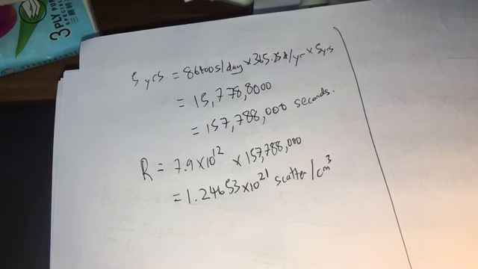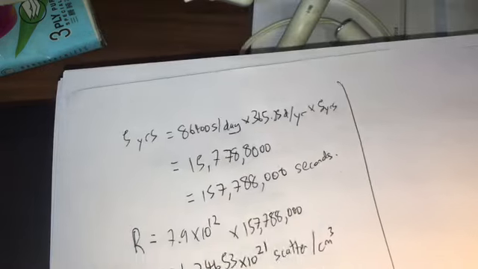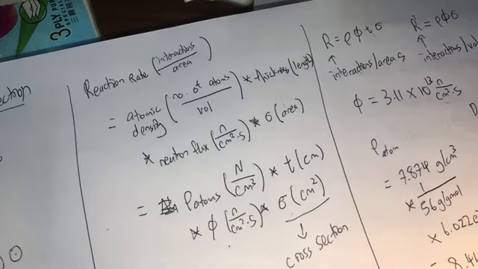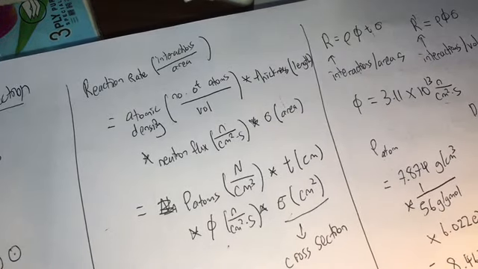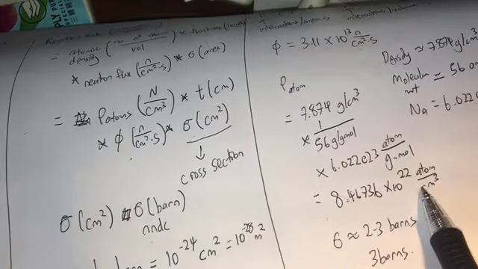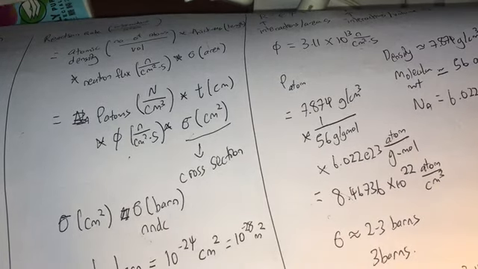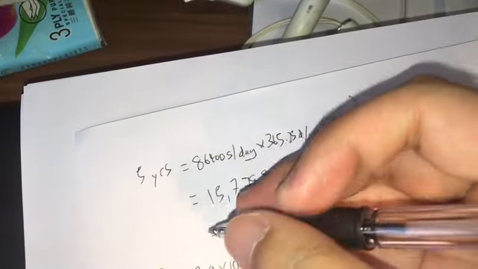And if you want to talk about per atom basis, well, you can just divide that by this atomic density. So that will give you an idea. So 8.4376 times 10 to the 22.